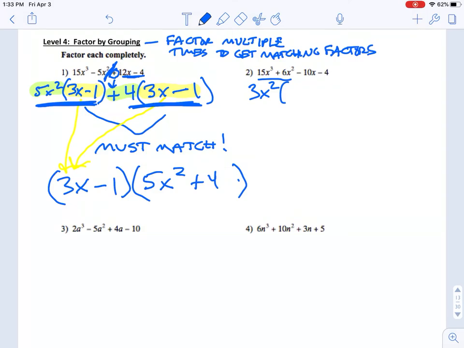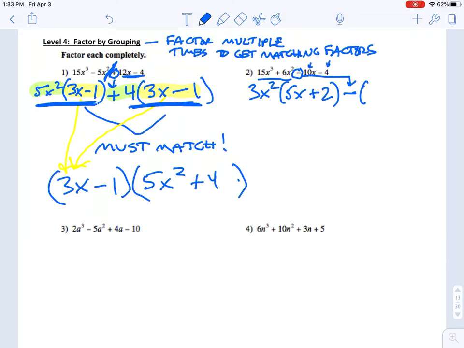Write down what's left after you divide out the 3x squared, and that's going to be 5x plus 2. Or again, if you work backwards, 3x squared times 5x is 15x cubed, and 3x squared times positive 2 is plus 6x squared. Next, bring down the minus sign.